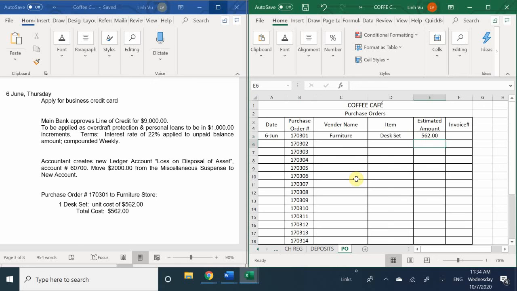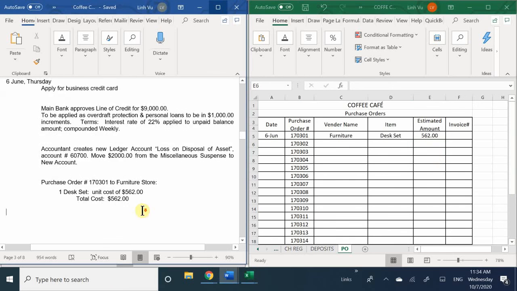What if a year from now I buy the same item and it's now costing me $600? That is also a point of reference that you can match your invoices to your purchase order. All right. And in this case, we did not receive the invoice, so we can leave it as is until the day that we receive the items.